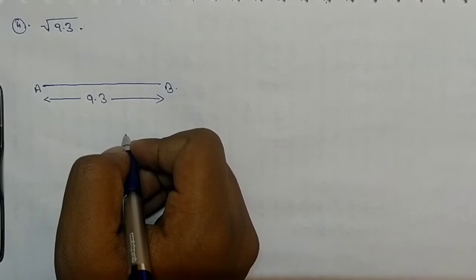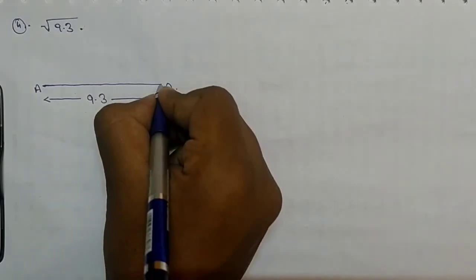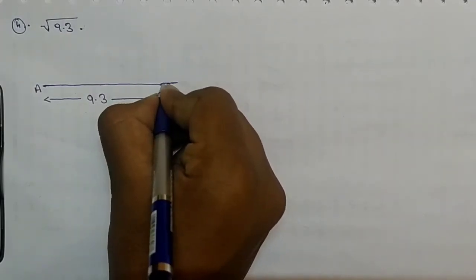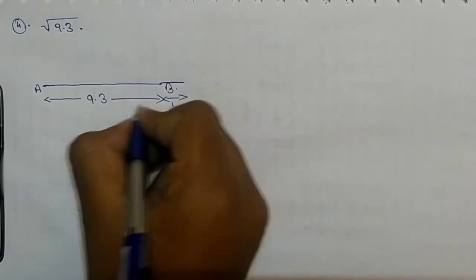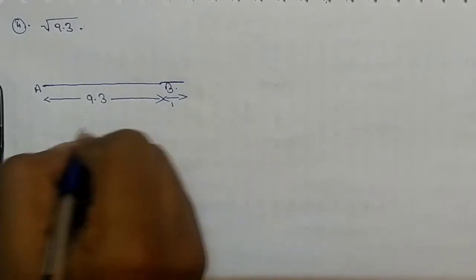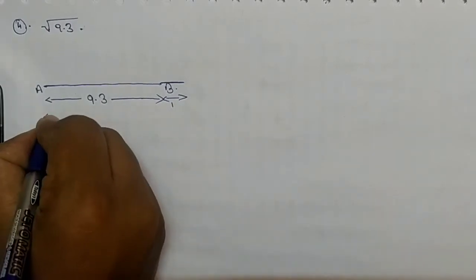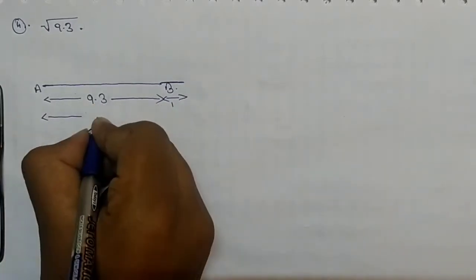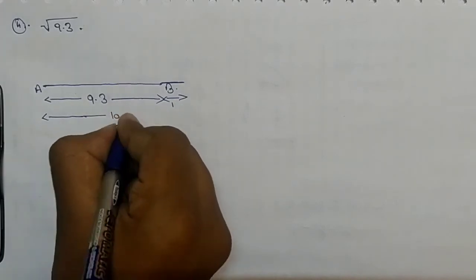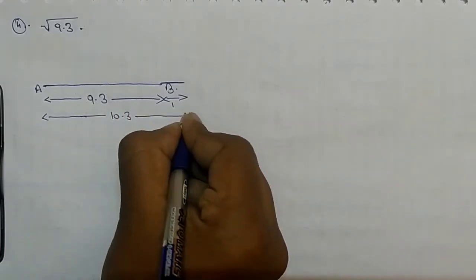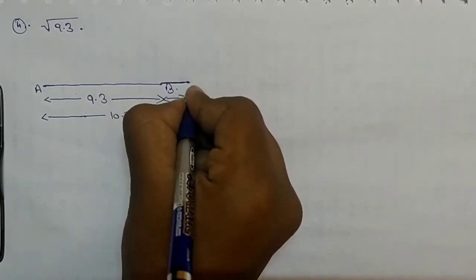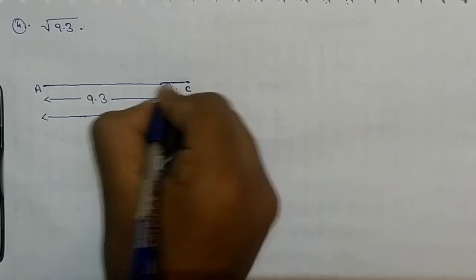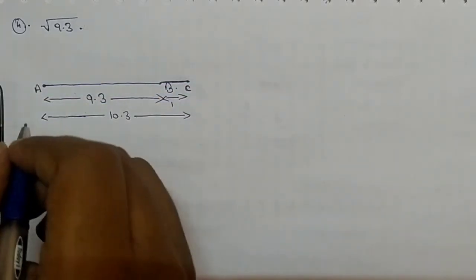Now stretch this by 1 unit. This is 9.3 centimeters, and stretching again by 1 unit, the total is 9.3 plus 1, that is 10.3. Let us mark this point as C. From A to C the length is 10.3.